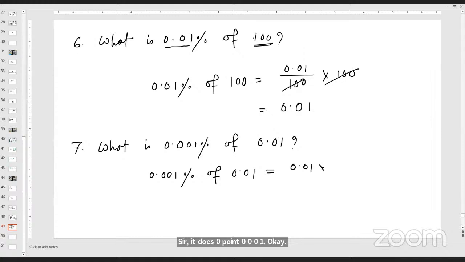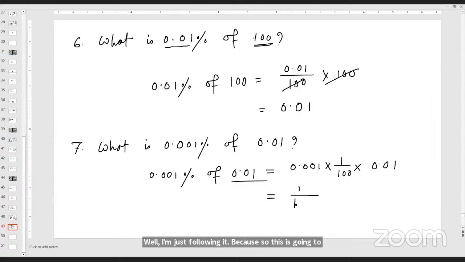0.01 multiplied by percent means we have to divide by 100, right? So 0.01 multiplied by 1 over 100. This 0.01 is 1 over 100, and this percent is 1 over 100.